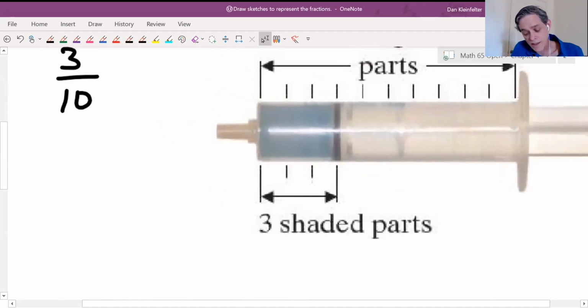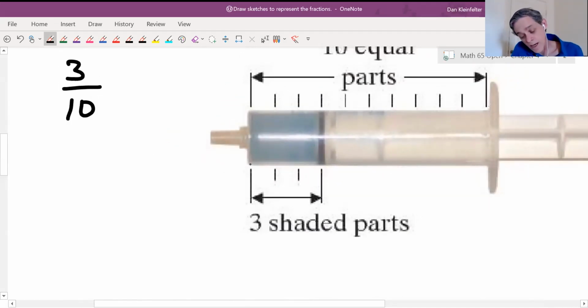Taking a look at these 3 shaded parts here. The first piece is this one, the second piece is this one, and the third piece is this one. There are 3 shaded parts. You'll get the wrong answer if you count lines. There's 4 lines right there. Okay? There's 4 lines and 3 shaded pieces. Don't count the lines, count the spaces between the lines.